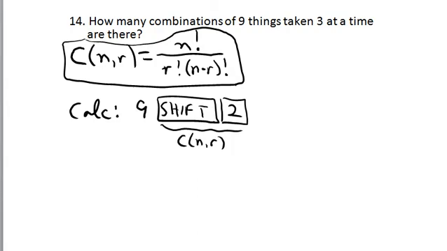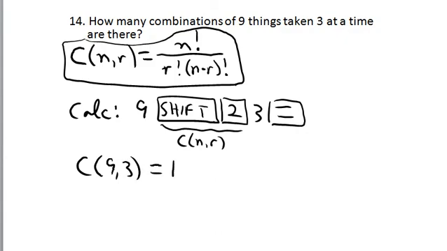And then you'd put in the 3 and you would hit equal. And if you do that, you're going to get 1,680. Let me go ahead and write this out.